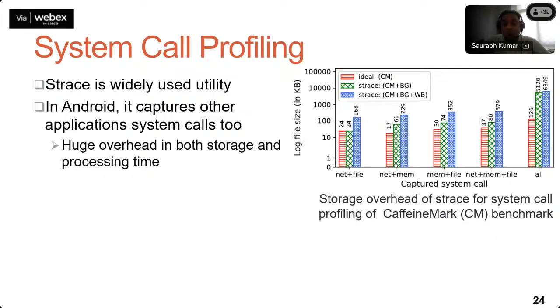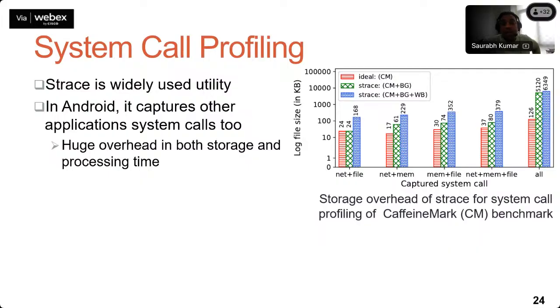To observe how much overhead it can incur when applying strace, we used one application called the CaffeineMark benchmark. This application executes several benchmarks and comes up with results on how many instructions they have executed per second or per minute, right?